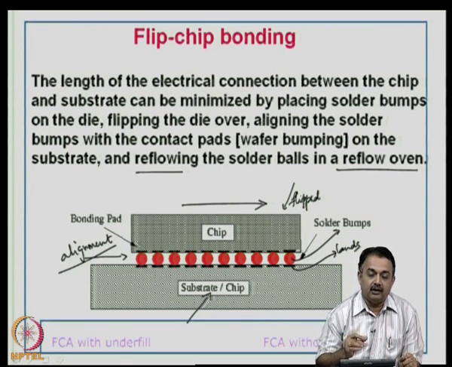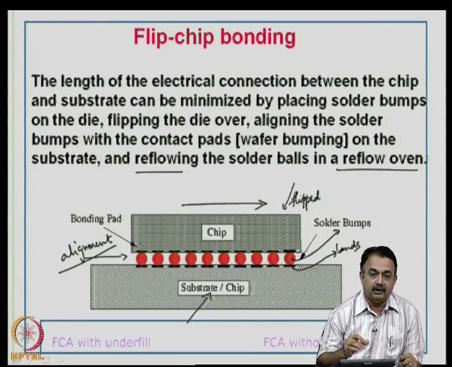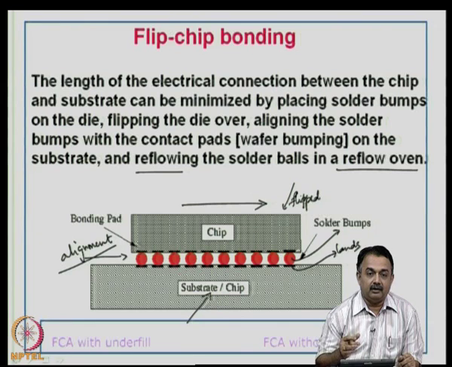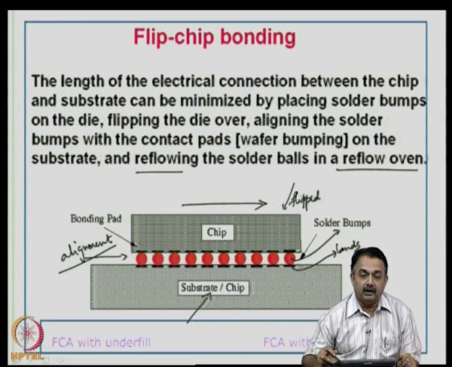So, you do not have to really worry about misalignment during flip chip bonding. Misalignment can happen in some cases in wire bonding and TAB, but not in flip chip bonding if your temperatures and other parameters during the reflow process are under control.